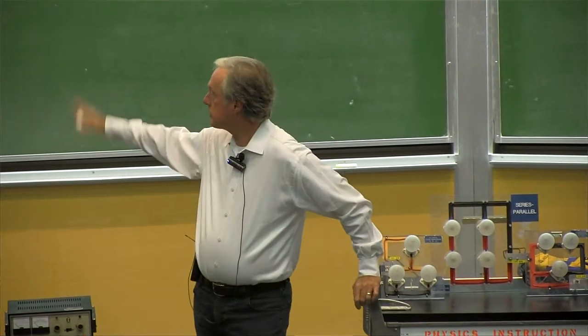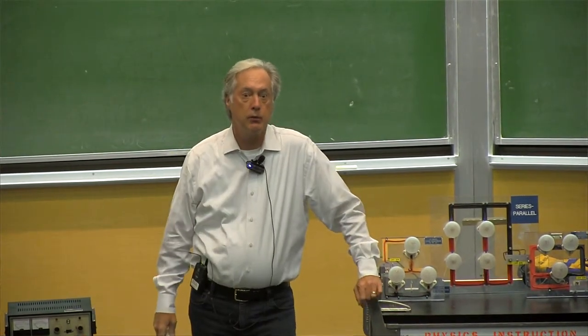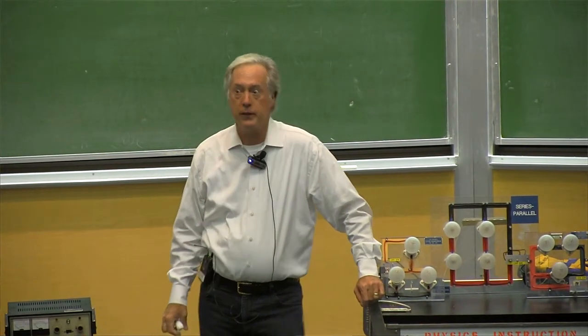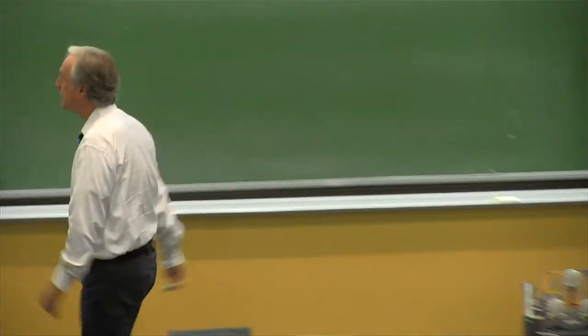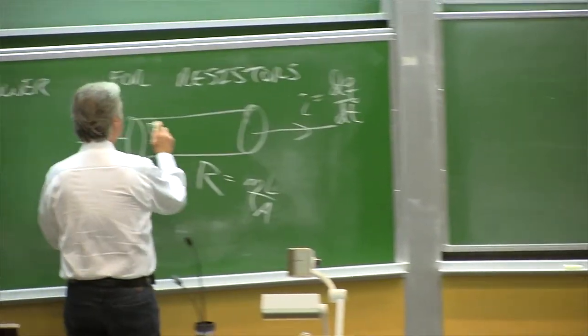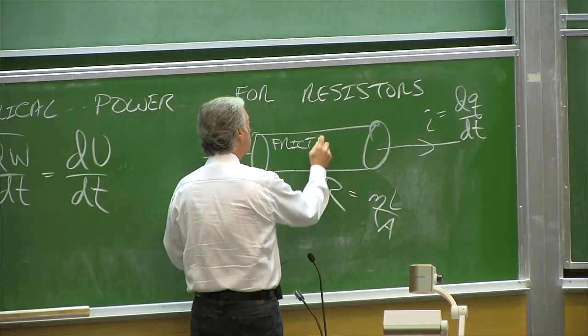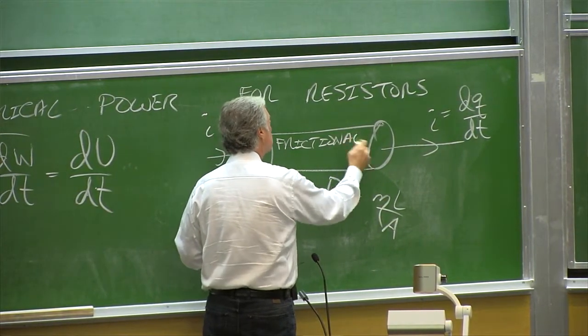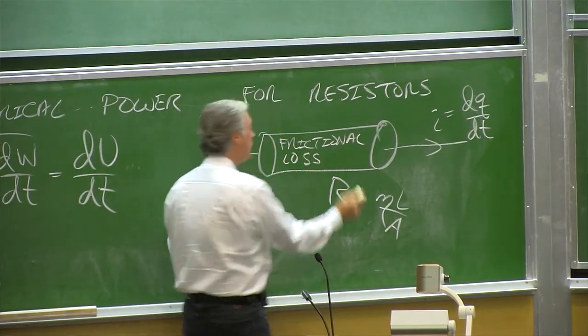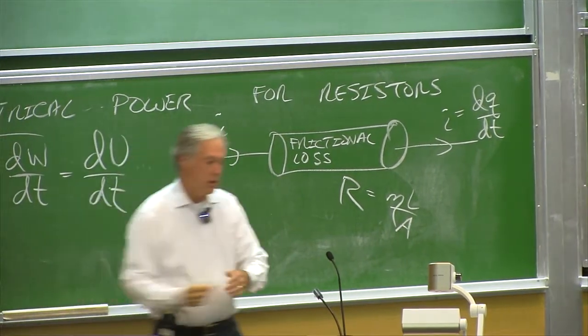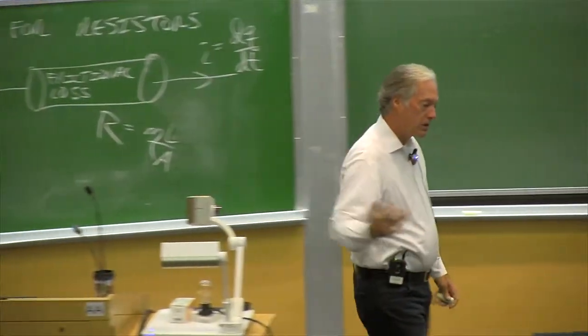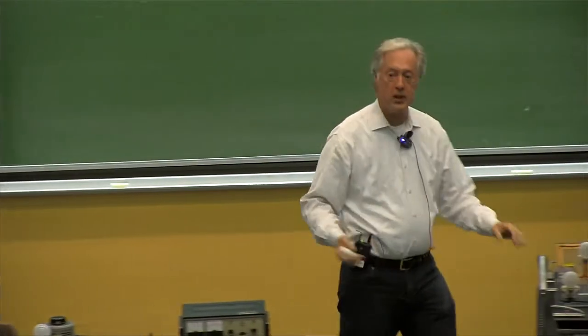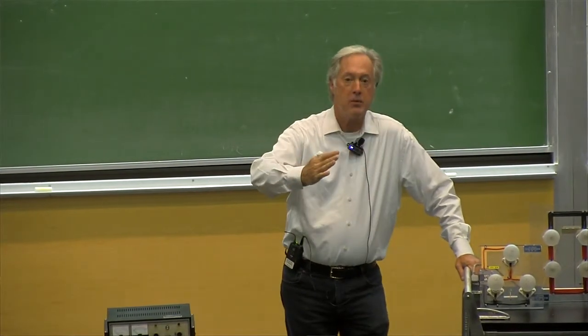So the resistor is just some object where there's some frictional loss going on with it. So this is a frictional loss term. Frictional loss occurs so when we start somewhere, going through a resistor, for example, we might be at some energy level.